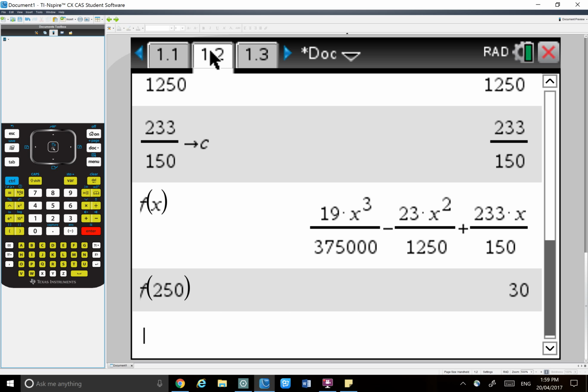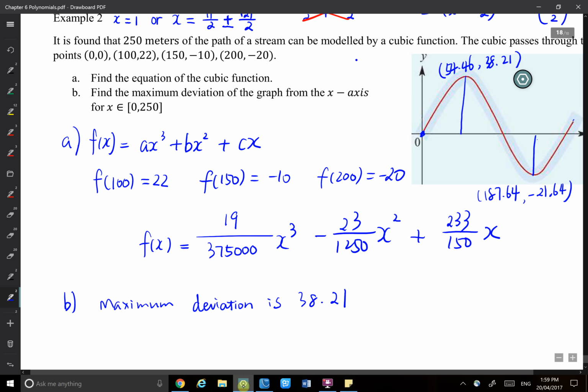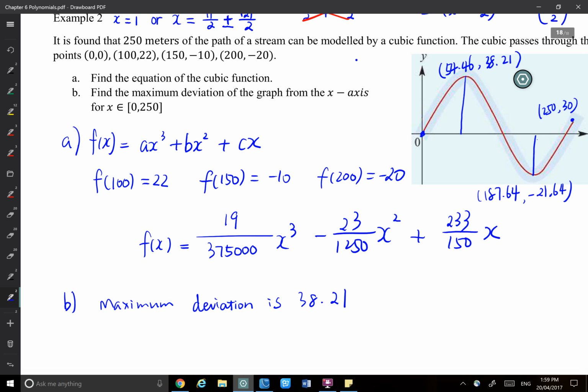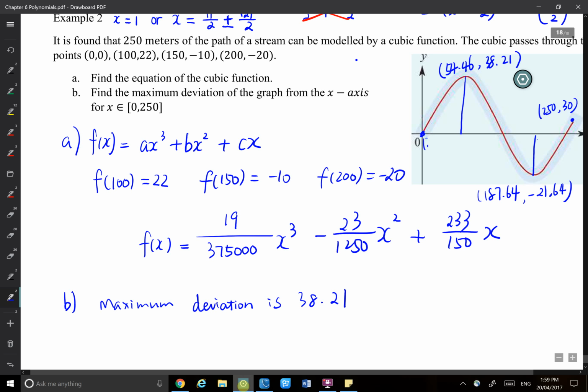Okay, the endpoint is 30. 30 is not over 38 yet. So 38.21 is the maximum deviation. So basically you find the local maximum, the absolute maximum or absolute minimum. That's what you're trying to find. And that endpoint is 0, 0.